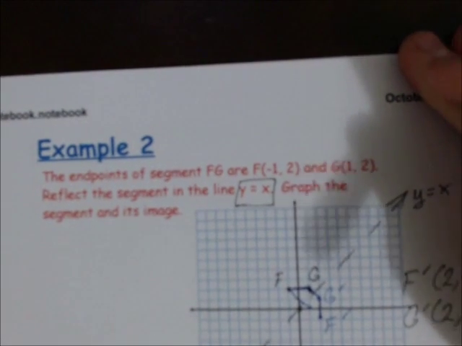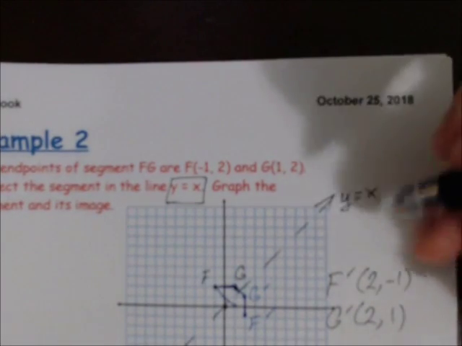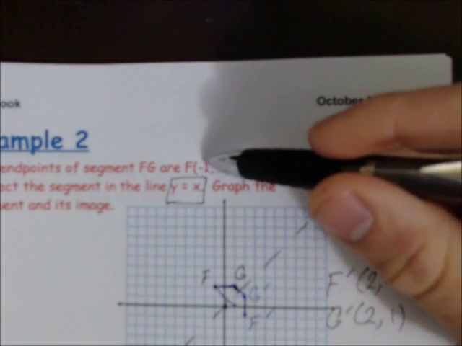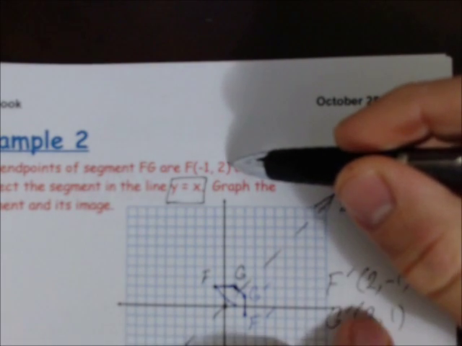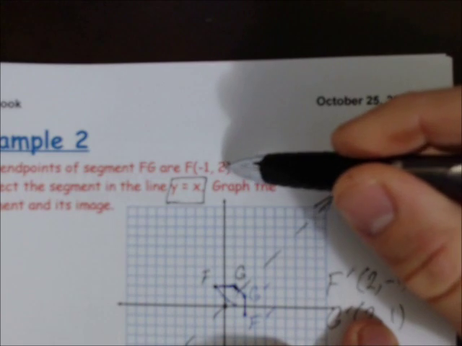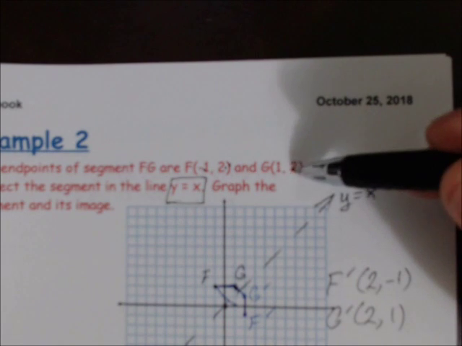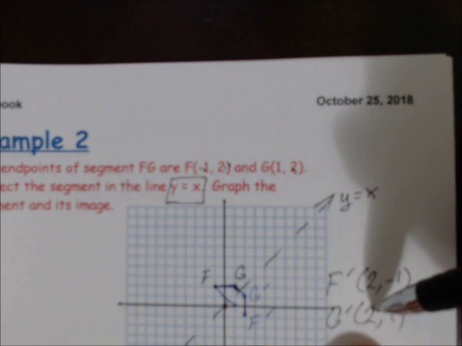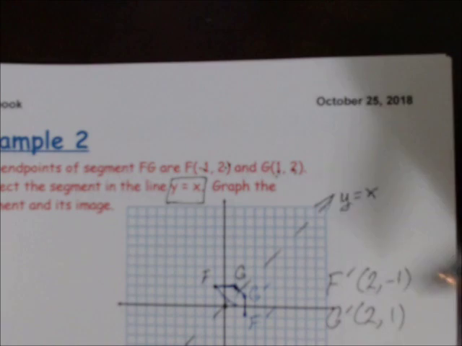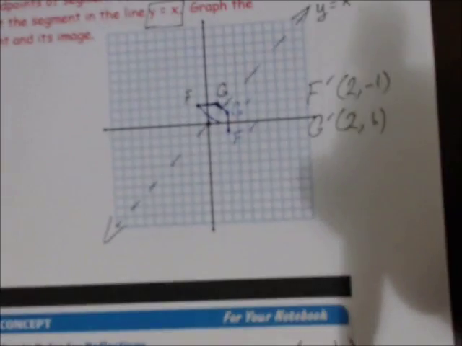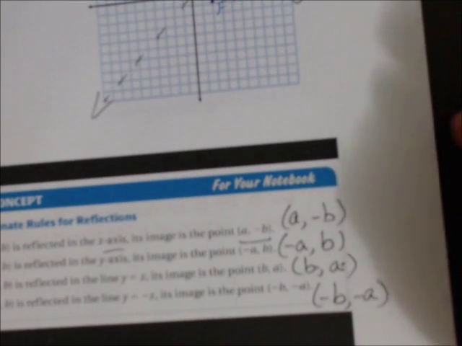And what we can see between these two coordinates is that we just exchanged the x and the y values. So to get F prime, the y value became the x value, the x value became the y value. Same thing for G prime. The y value of G became the x value of G prime, the x value, the y value. So you can use these rules to better figure out where these reflections are going to end up, so where the image is going to be.